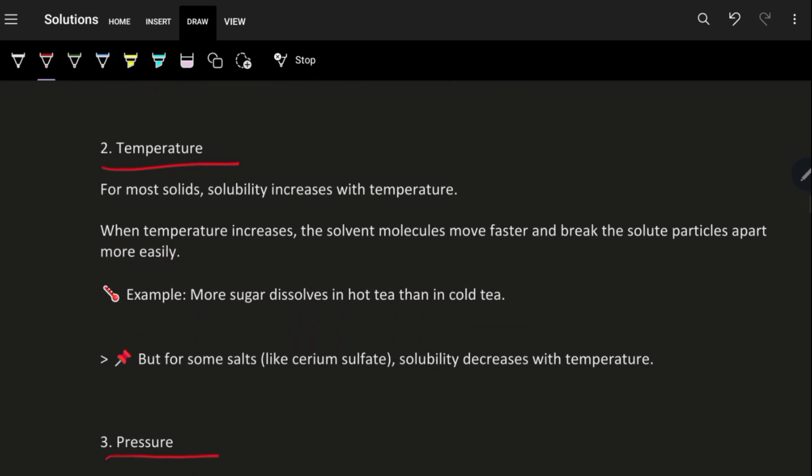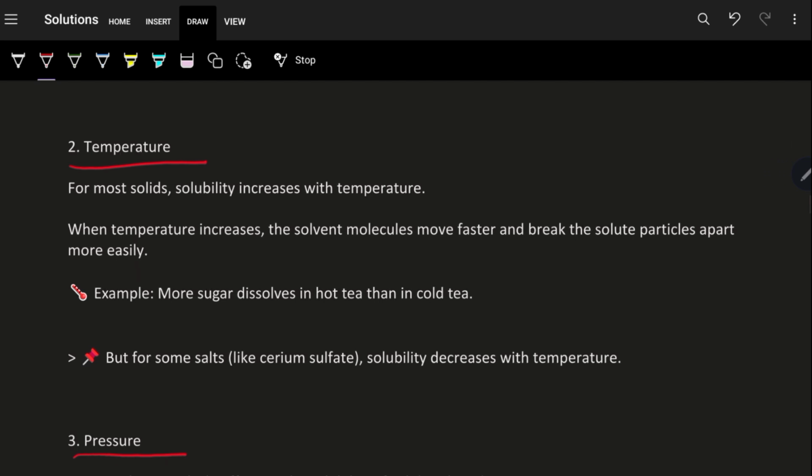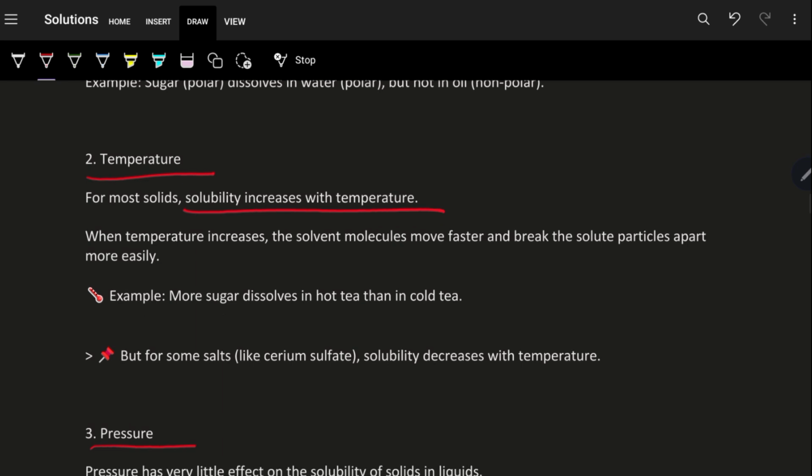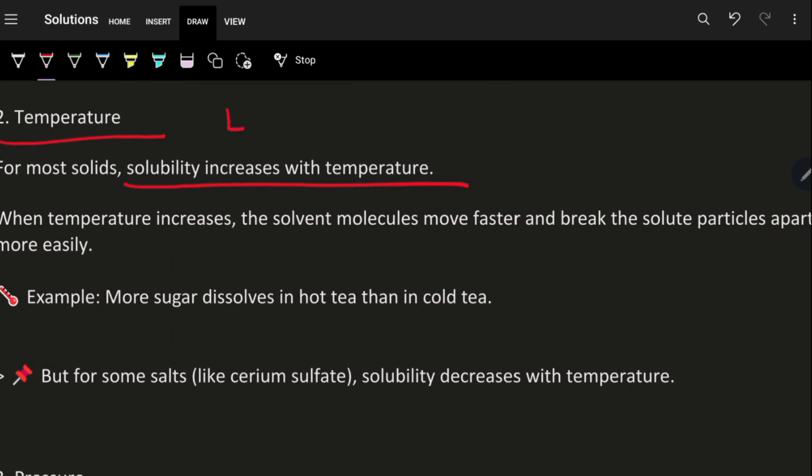So, next is temperature. For most cases, it is seen that solubility increases with temperature. But it actually depends on what type of process it is. If the solubility process is endothermic, then the solubility will increase with increase in temperature.